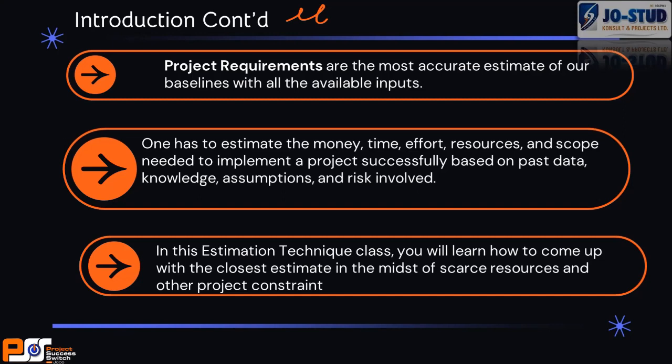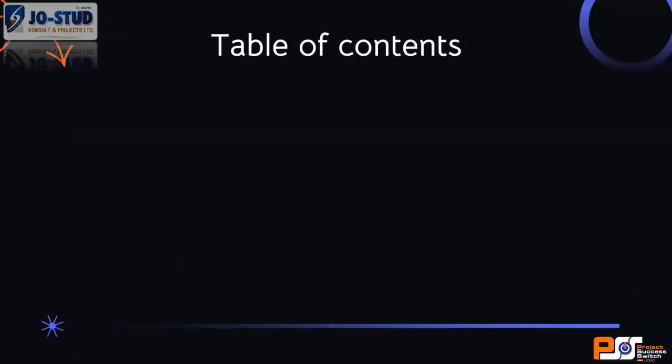I'm going to be expatiating on this in subsequent slides. So when you are estimating, you don't just estimate, you need to put some things into consideration. It's part of what I will discuss in today's class, right? In today's class, you also learn how to come up with the closest estimate, even in the midst of scarce resources.